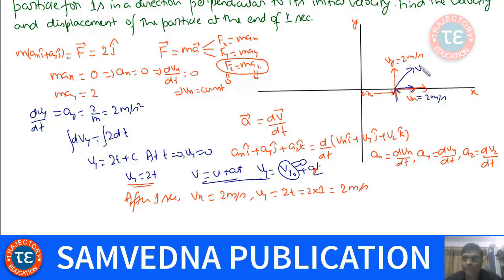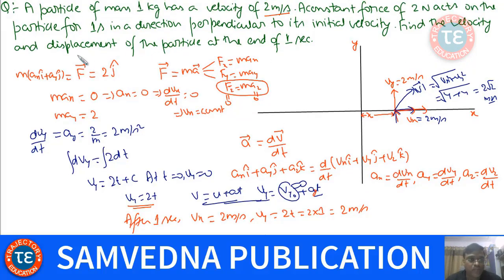So your net velocity will be what? Magnitude of velocity is going to be root of Vx square plus Vy square, you know the vectors. So 2 square is 4, 2 square is 4, 2 root 2 meter per second. That's the velocity. That's your velocity. Let's talk about displacement.